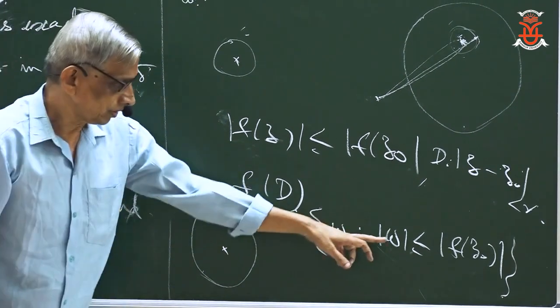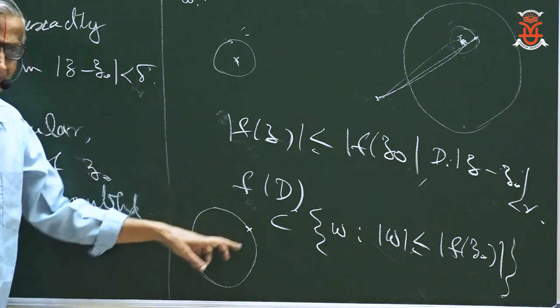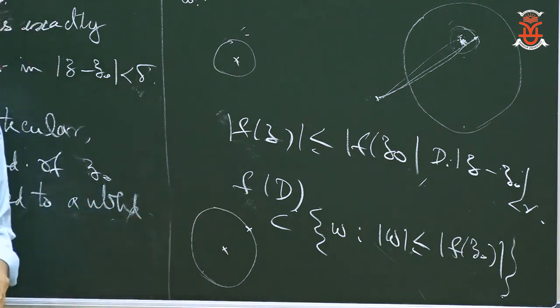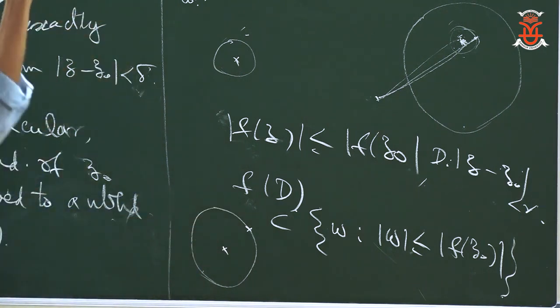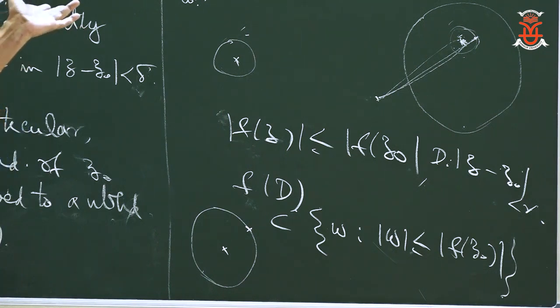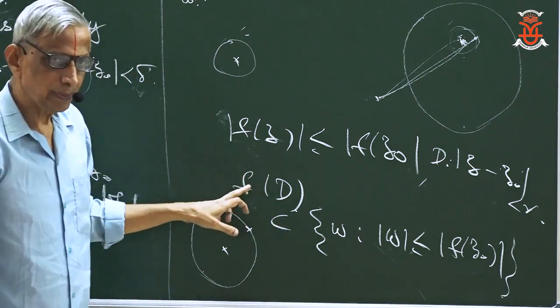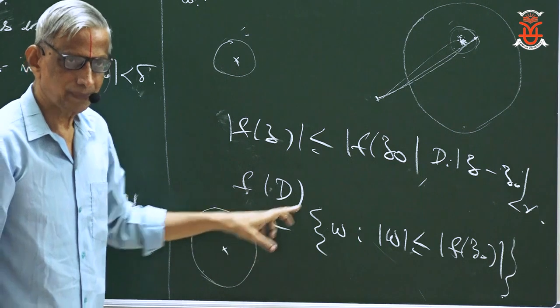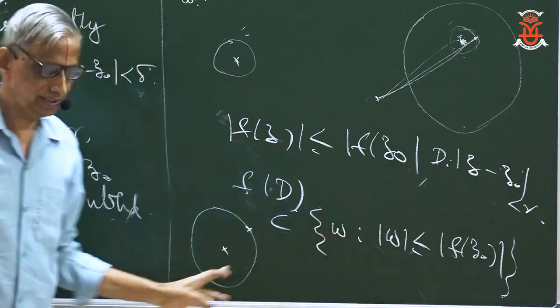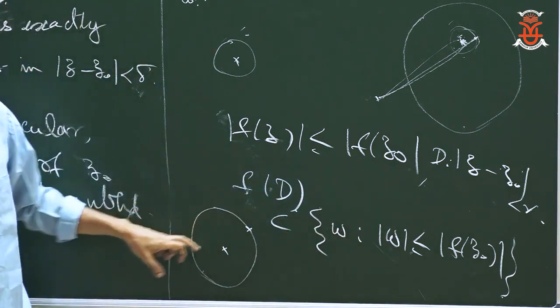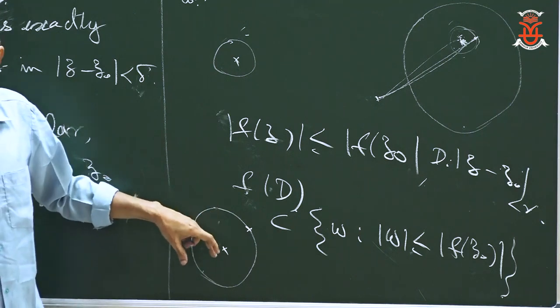So this is certainly not a neighborhood of f(z0). So this cannot happen unless the function is a constant, by the open mapping theorem. The open mapping theorem says that a neighborhood of z0 is mapped to a neighborhood of f(z0). But here, f(z0) is going to be on the boundary of this neighborhood.